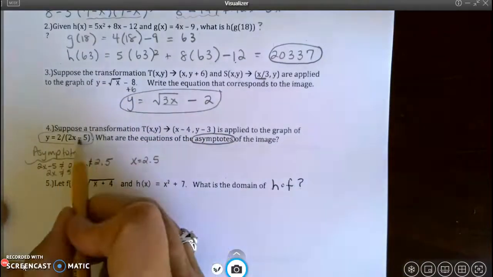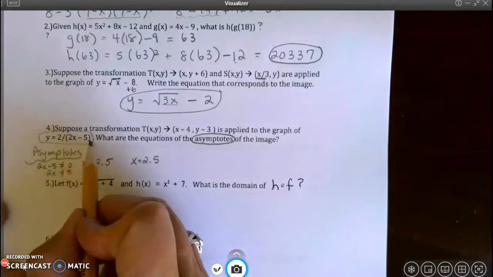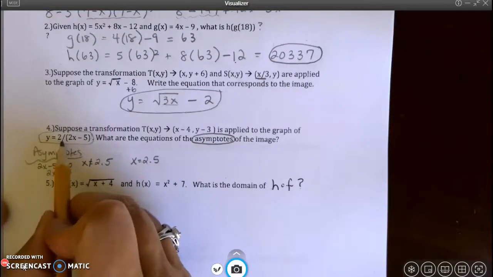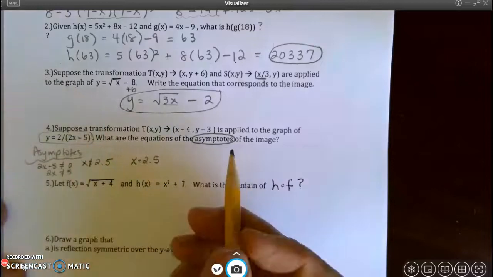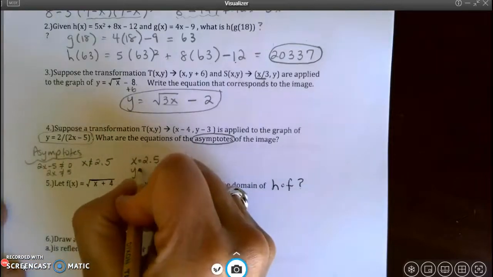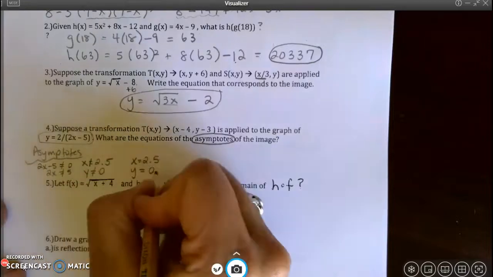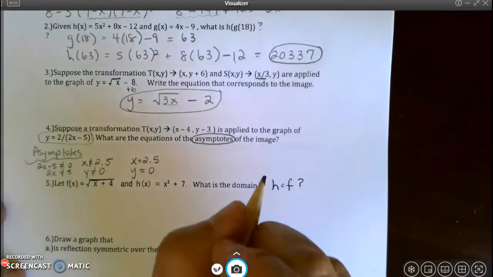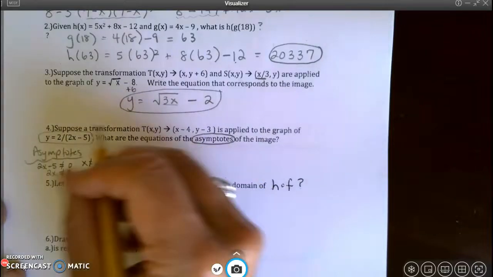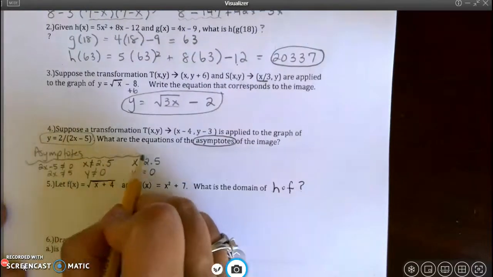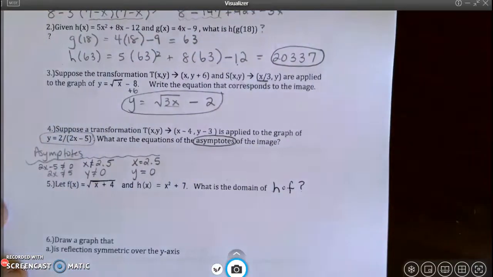And if you can't have a 0 here in the denominator, this 2 divided by it is never going to become 0, which means y will never be 0. So since y will never be 0, we have to have an asymptote of y equals 0. So these are my original asymptotes right here.